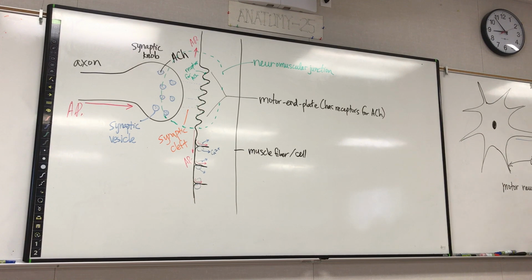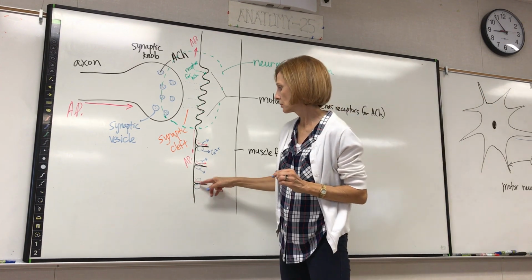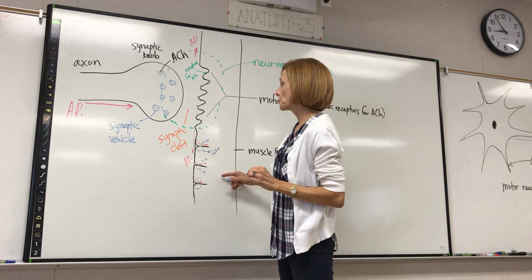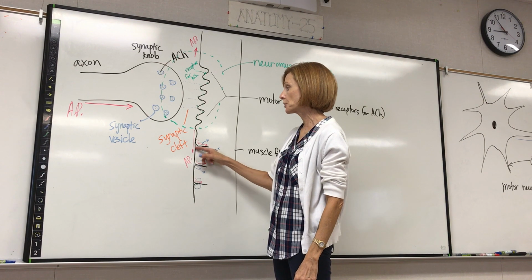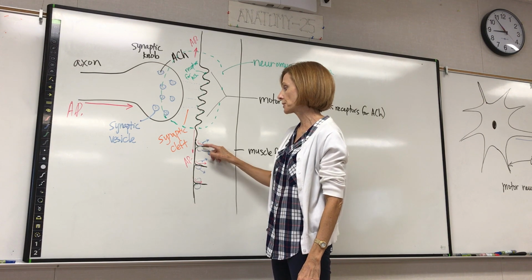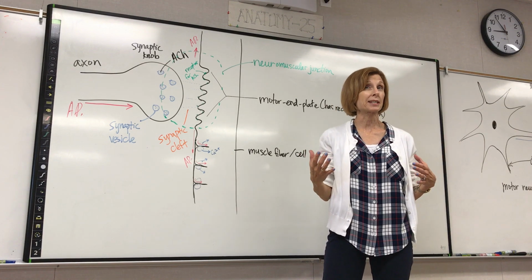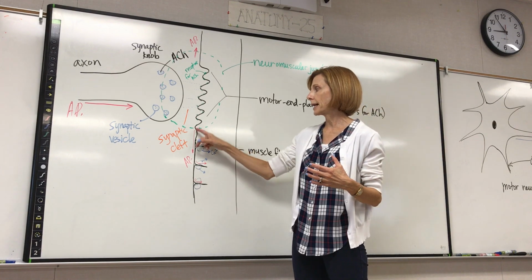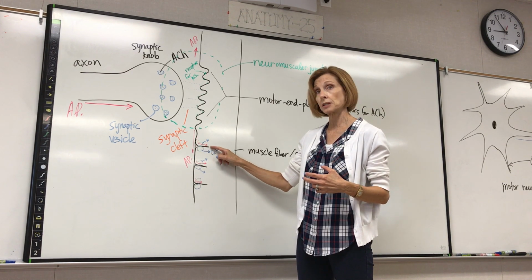What I was doing is just drawing a little bit more detail in the muscle fiber. I was putting in T-tubules and terminal cisterns on either side of the T-tubules. So this is just the structure of the muscle cell. And remember that the action potential, as it travels along the sarcolemma, will also travel down the T-tubules.